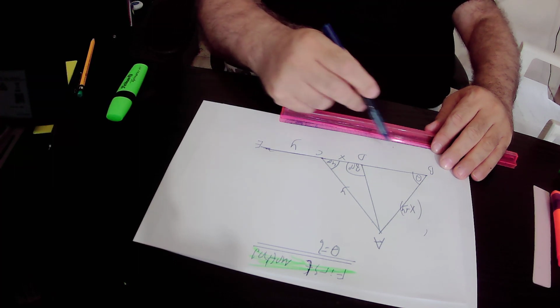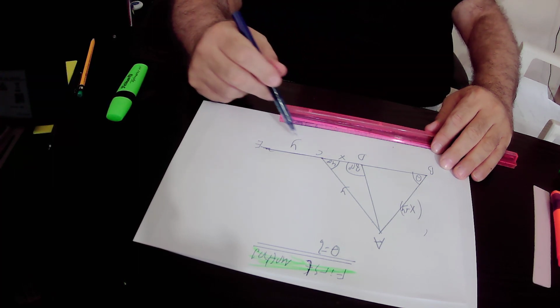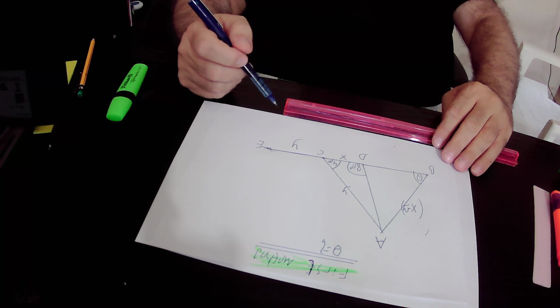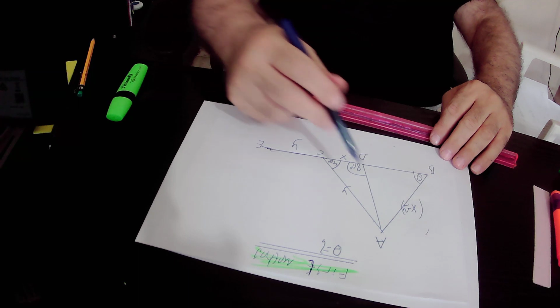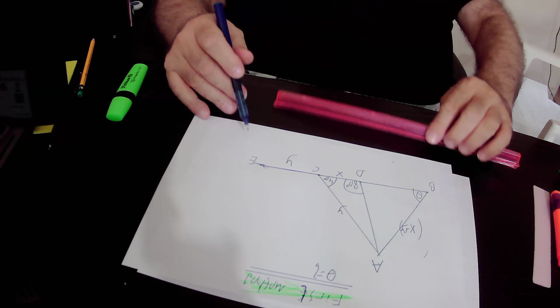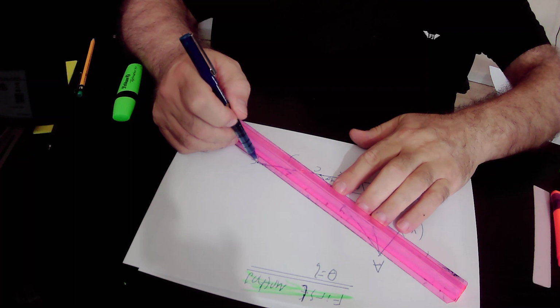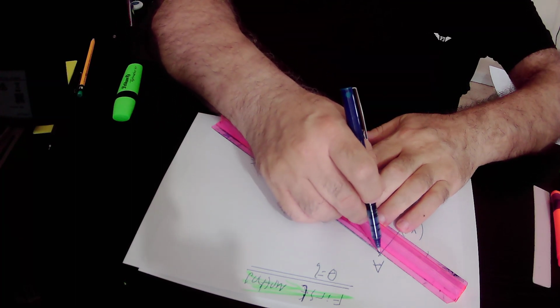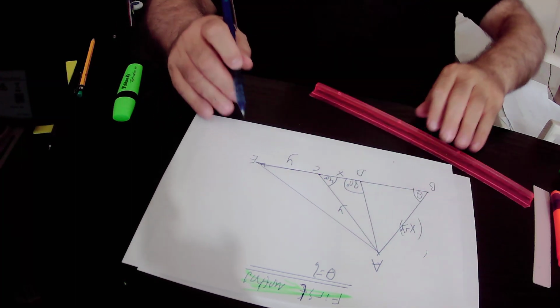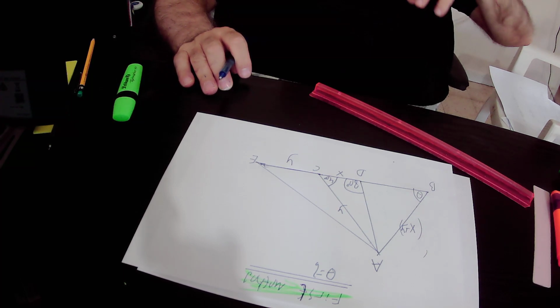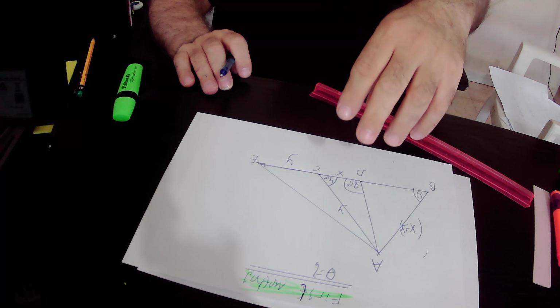We extended side BC in y units, therefore here CE equals to y units according to our construction. In the next step we will join points A and E together by a straight line. So here we created the new triangle ACE.